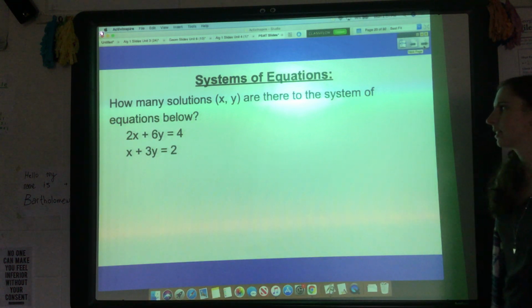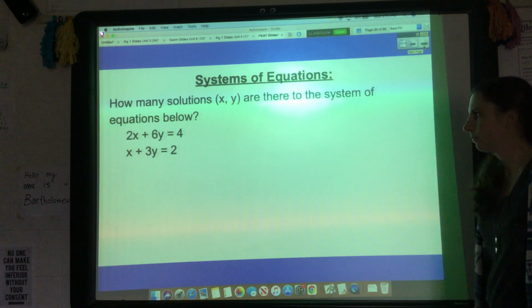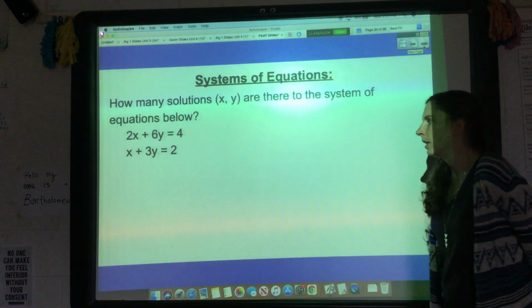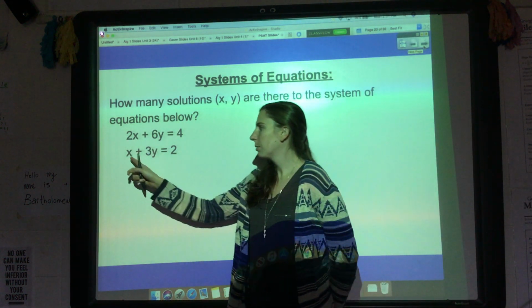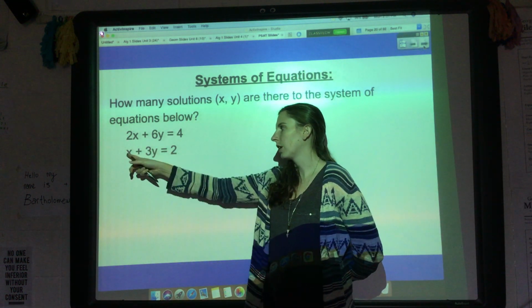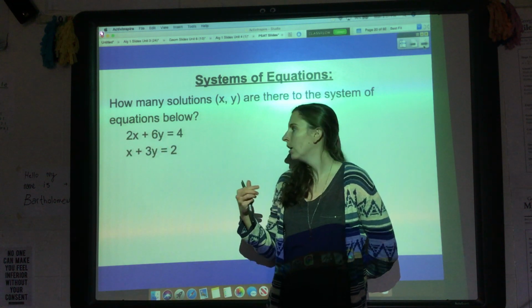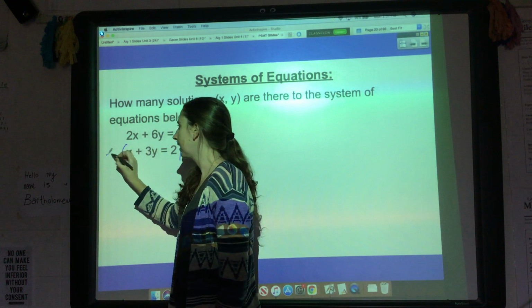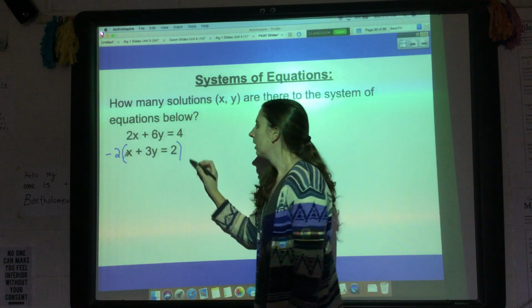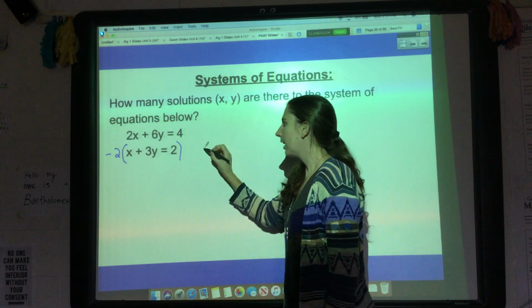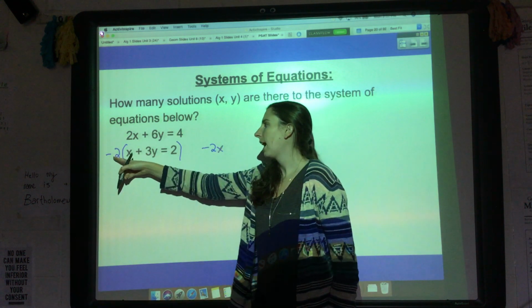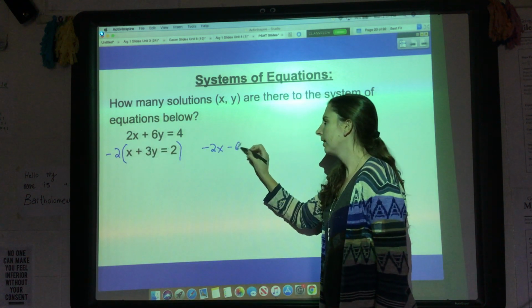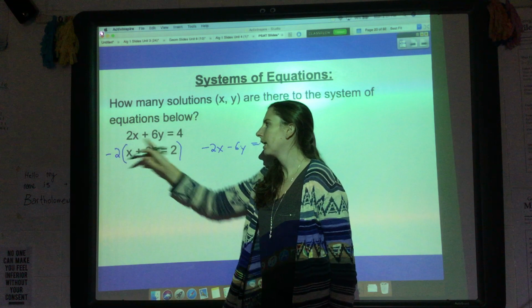This question asks, how many solutions are there to this system? Again, you could do substitution if you solved for x and substituted it in, or we could do elimination by multiplying by like a -2. That would get me -2x, and then -6y, and -4.